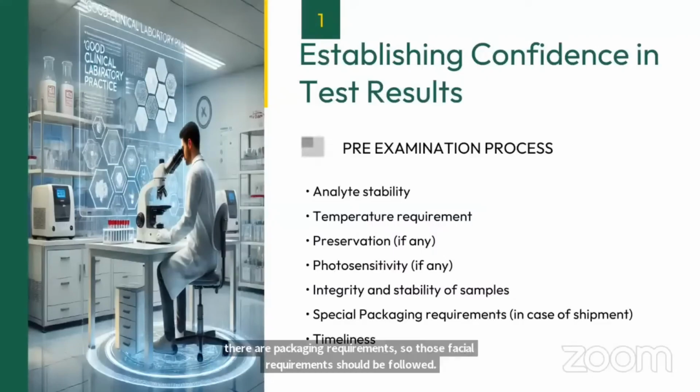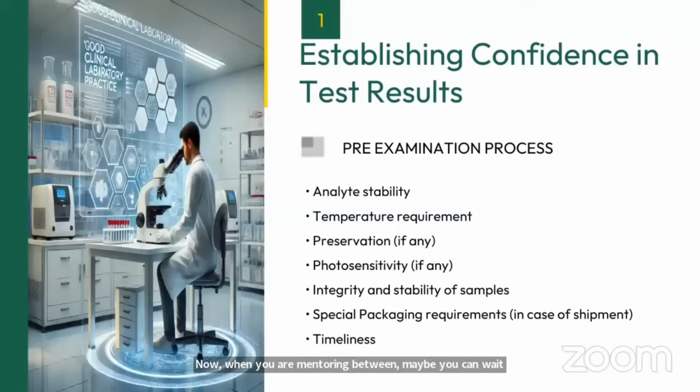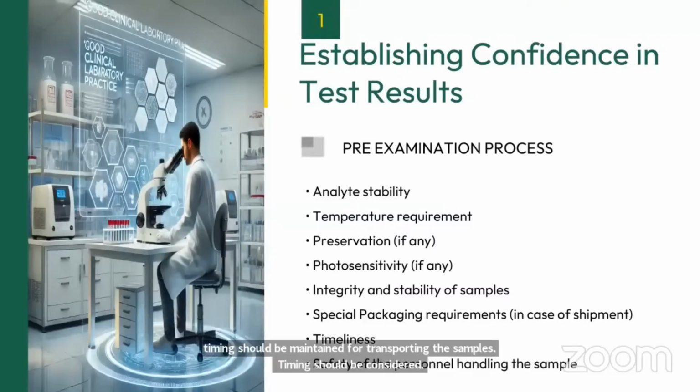Timeliness: there should be a specific timeline during which the sample should be transported. It is not that because you are maintaining the temperature, you can wait for 1 hour, 2 hours, or send the samples the next day. Even if you are maintaining the appropriate stability, appropriate timing should be maintained for transporting the samples. Timeliness should be considered, as it will impact the stability of the analyte.